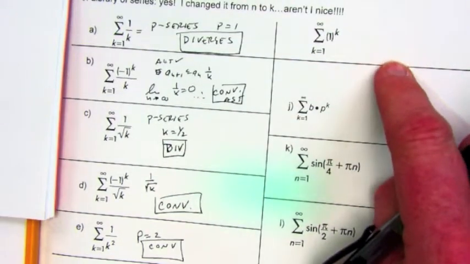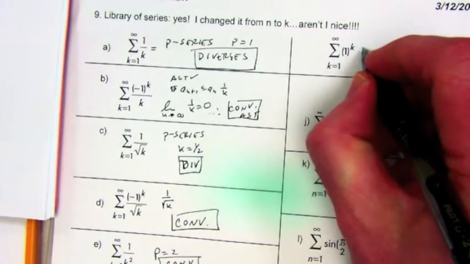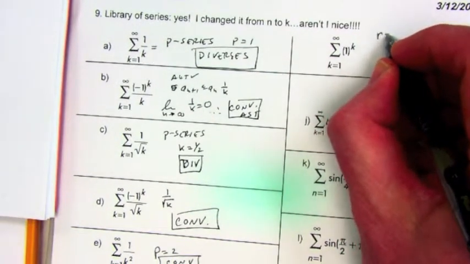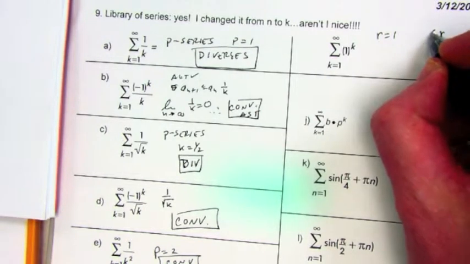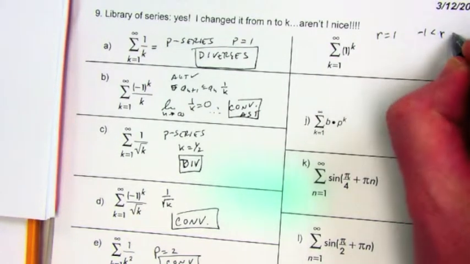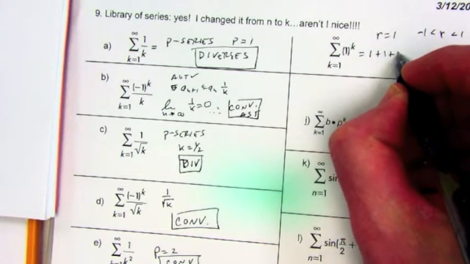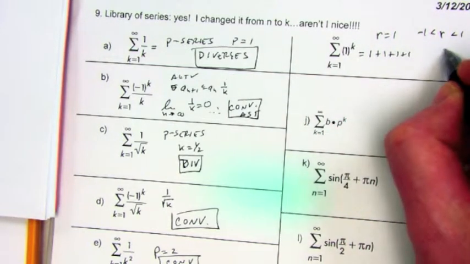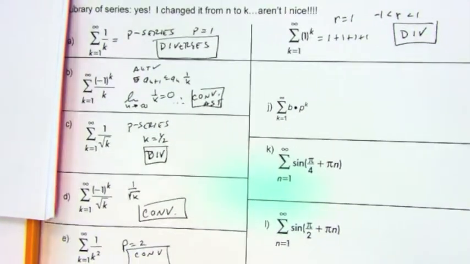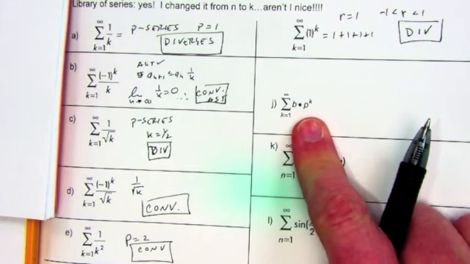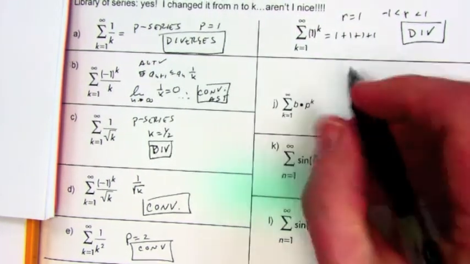We'll do a few in this column. Okay. This is geometric. And in fact, r is 1. Well, in order for geometric to converge, r must be between -1 and 1. If you think about it, this is also 1 plus 1 plus 1 plus 1. So this must also diverge. Okay? All right. So if you look at J, J is intended to be a geometric series. Okay?